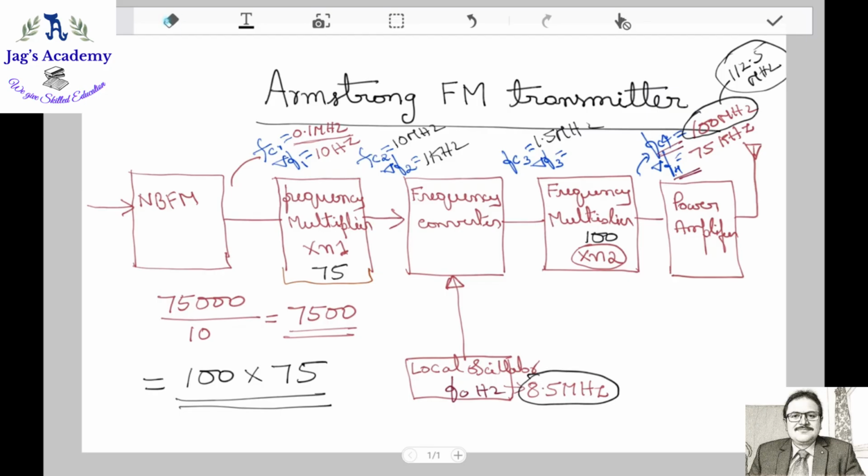Now let us see whether we will be able to get a proper value or not.